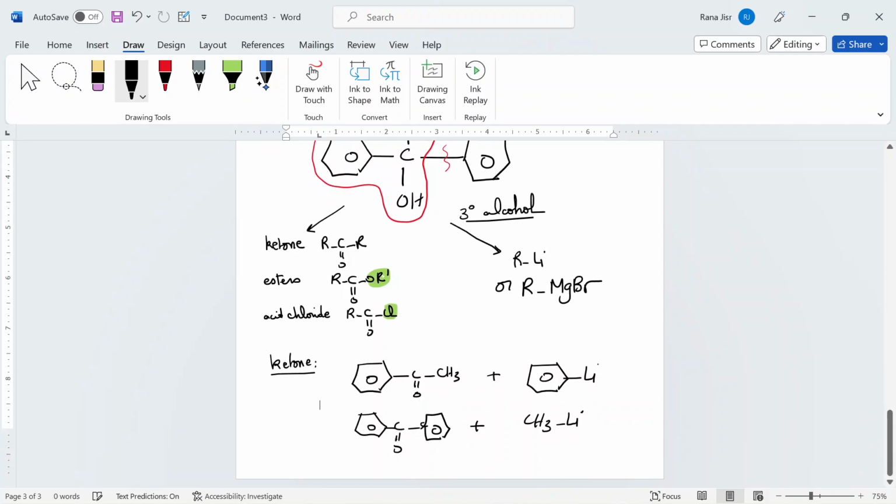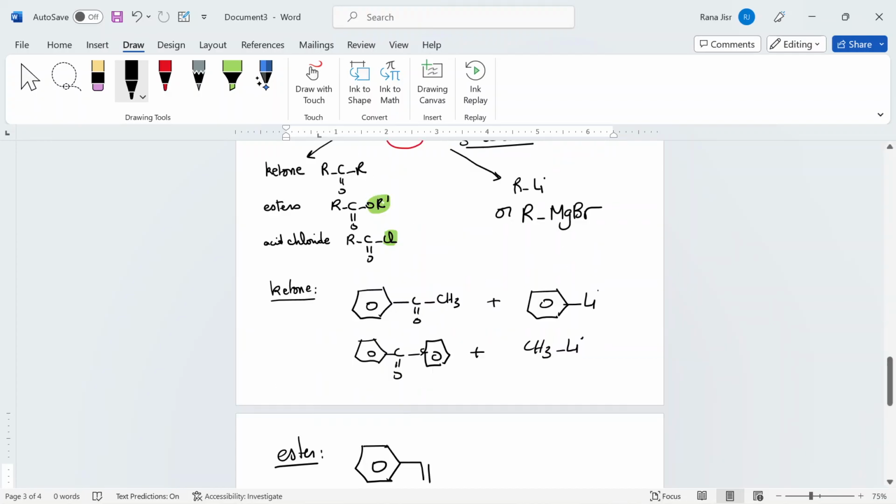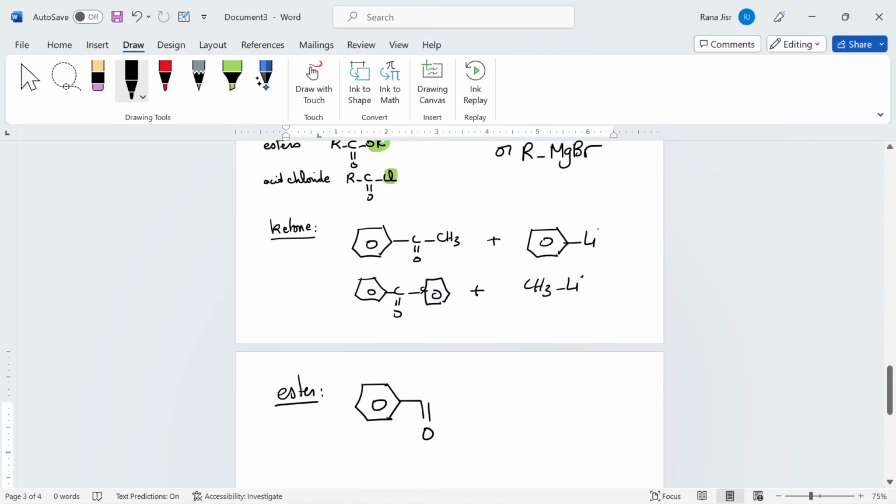So for the ester route, I would be starting with, this one is a must. I cannot start with the CH3. I have to start with the phenyl because the phenyl is the one that is added 2 times in there. So that is going to be a carbonyl. Notice the formula for the ester. The formula for the ester is an RC double bond O, an OR in there. So I already chose the R, the carbonyl in there.